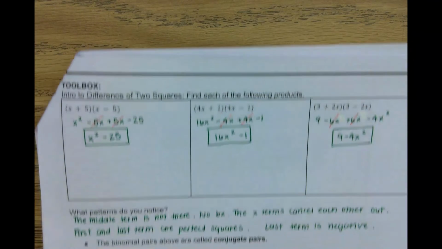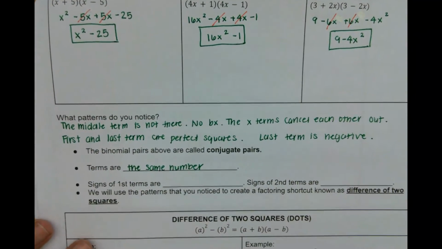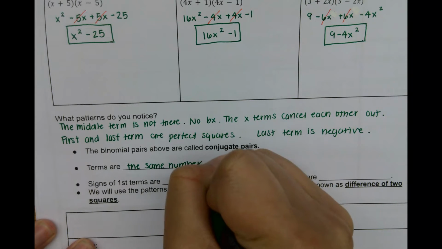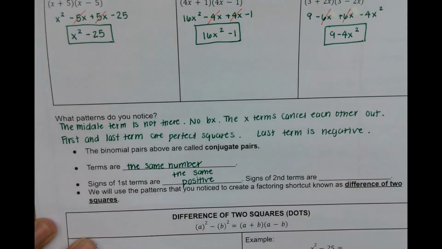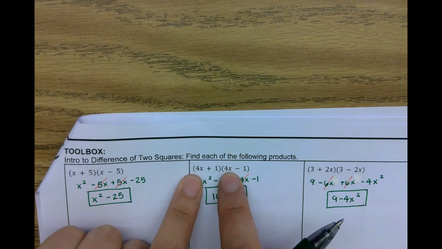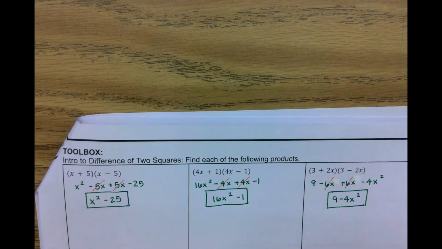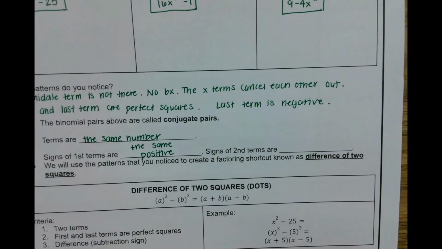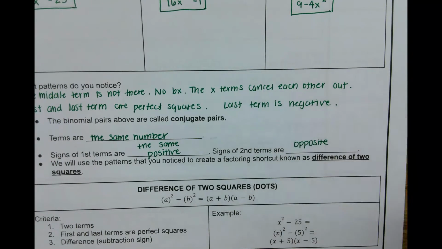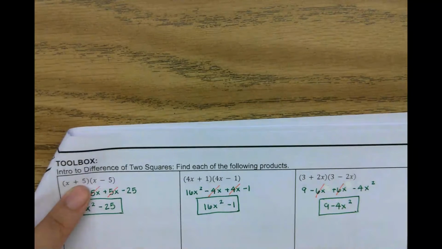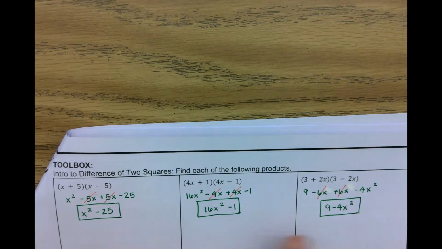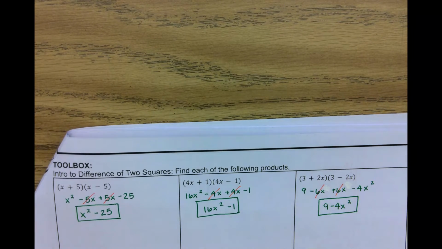The signs of the first terms are the same, in this case both positive: positive x, 4x, 4x, 3, 3. They're the same. The signs of the second terms are opposite: positive 5, negative 5; positive 1, negative 1; positive 2x, negative 2x. They were opposite signs.